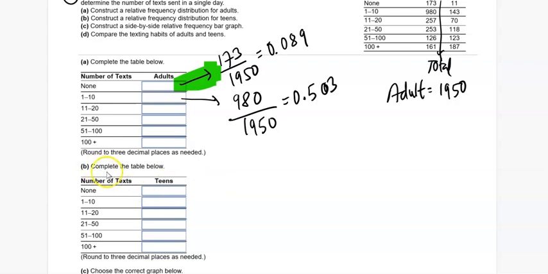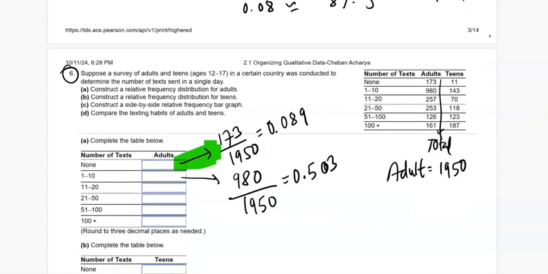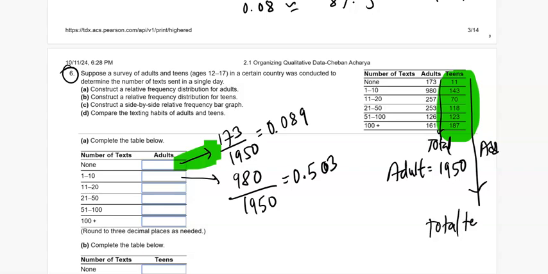Now let's find the relative frequency distribution for the teens. Let's find how many total teens are in the survey. You add all the teens here. The total number of teens between the age group 12 to 17, by the way, is going to be 652.